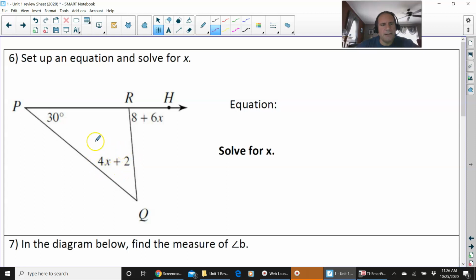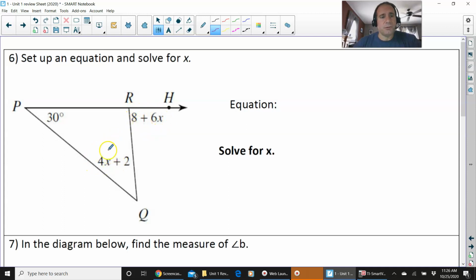And these are interior, but they're non-adjacent to this exterior one. You could set this up in a lot of different ways, but the easiest way is that you know the rule, the two non-adjacent interior angles, when you add them together, equal the exterior angle.